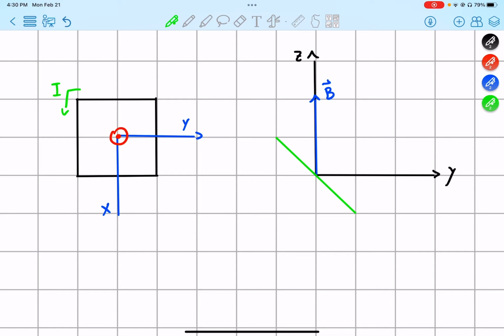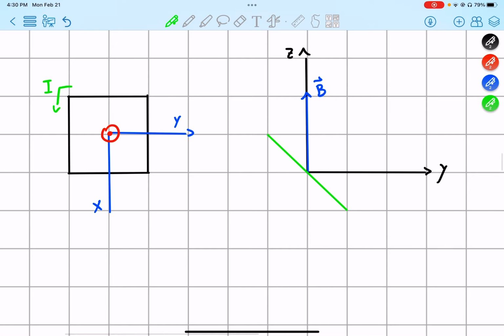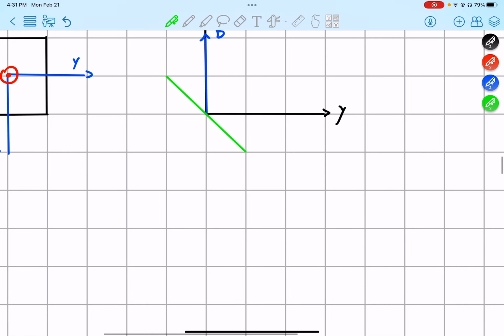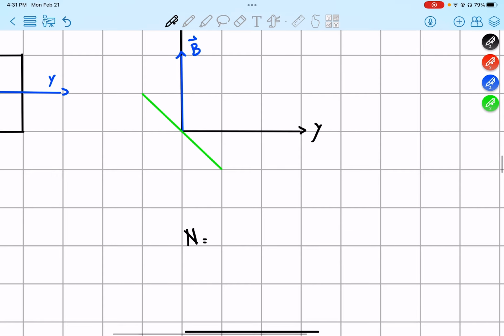Okay, and of course you can already see that the torque that affects this plane is going to be equal to, well, the formula for the torque, let's call torque N, is going to be equal to R cross B.